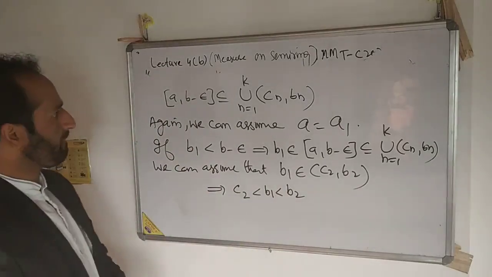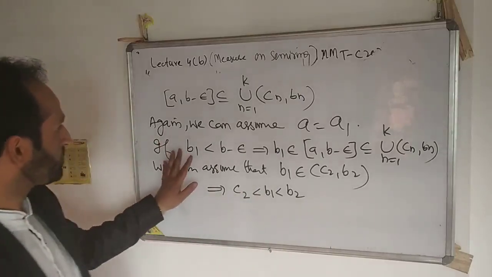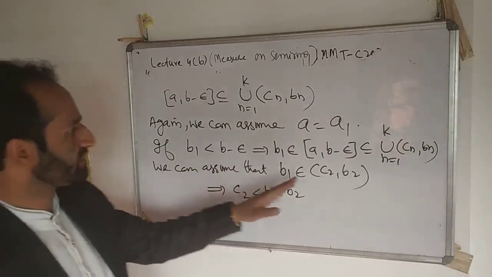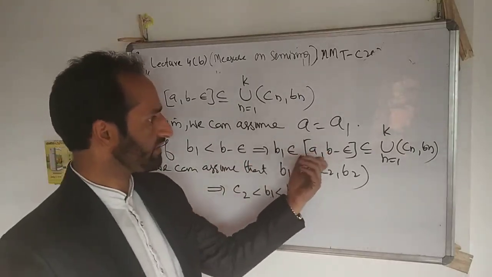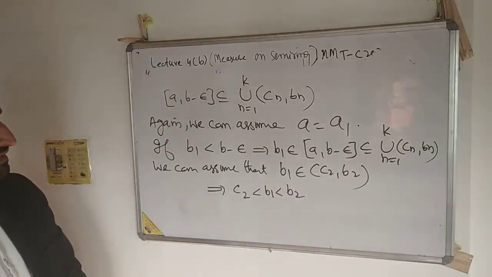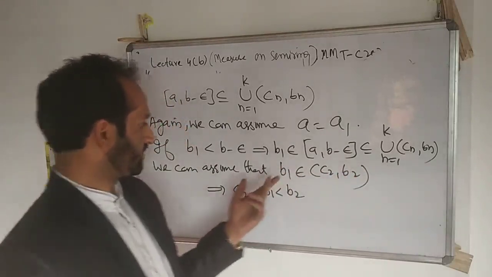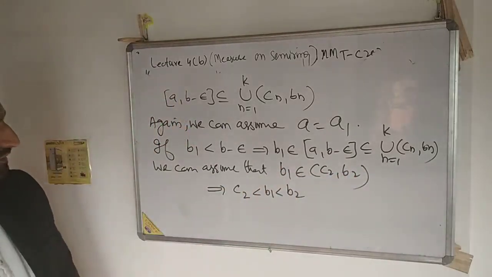So now we have B2. Again, if B2 is less than B minus epsilon, then it lies in this interval, and hence it is in the union. So it must be in some interval, say C3 B3. So that cannot be in C1 B1.